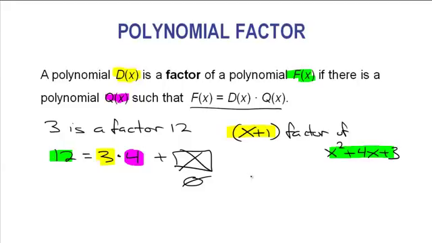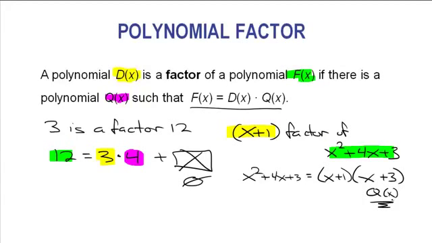So can we write x squared plus 4x plus 3 equals x plus 1 times something? And yeah, if you factor this out, here's my q. Okay? So that's all they're trying to say. Don't let the symbols confuse you.